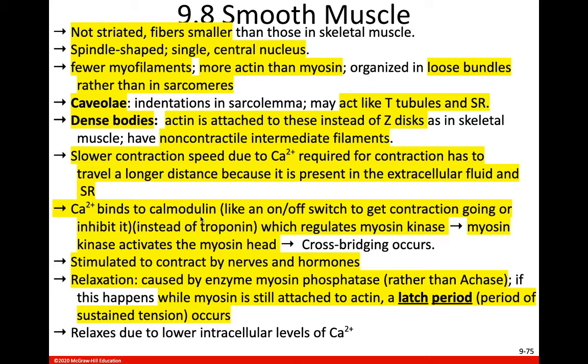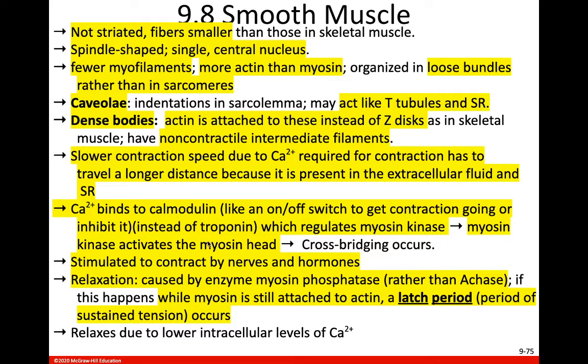So when calmodulin is not bound by calcium, the contraction will be inhibited. But when the calcium comes from outside the cell to inside the cell, the calcium binds to calmodulin, and this kind of turns that calmodulin on. What that calmodulin will then do is go activate myosin kinase, or that myokinase that we talked about earlier.